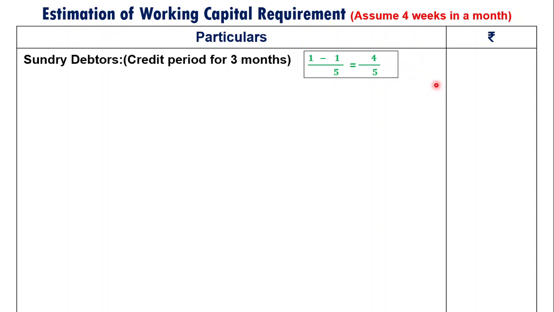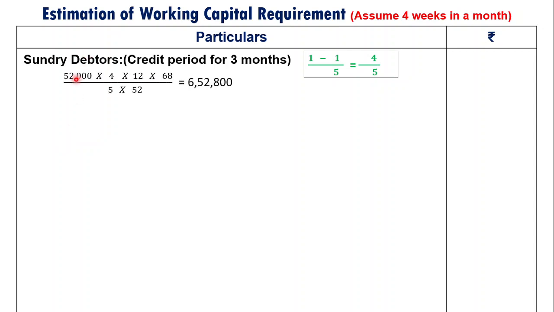If we simplify it, 4 20s are 80, 5 20s are 100. Easily we can arrive at 4 divided by 5 by just mentioning 80 divided by 100. So 4/5 of total output is to be taken for the sundry debtors calculation.